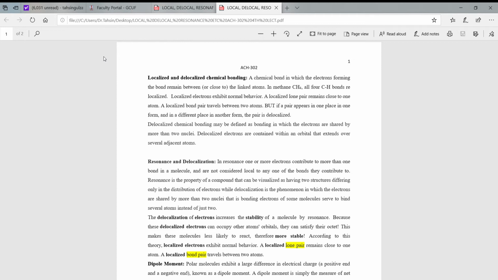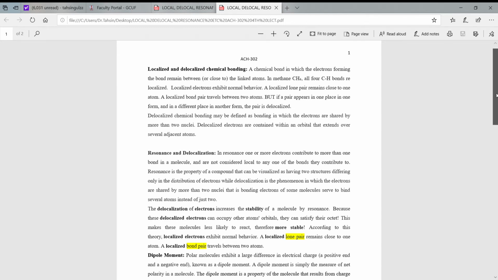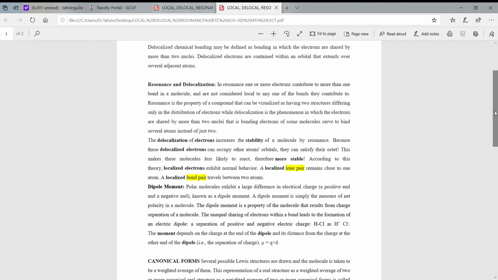So again, this is due to difference in electronegativity, this is polar, but the polarity of hydrogen chloride and methyl chloride is different. Both are polar, but dipole moment is different, because dipole moment is simply the measure of net polarity in a molecule. It is the product of Q into D, charge into distance.